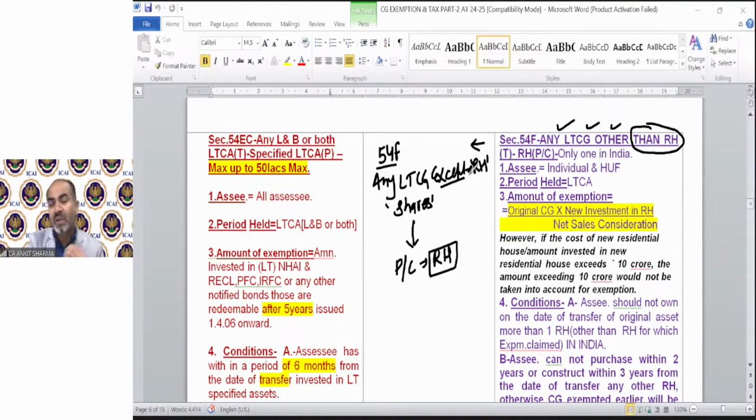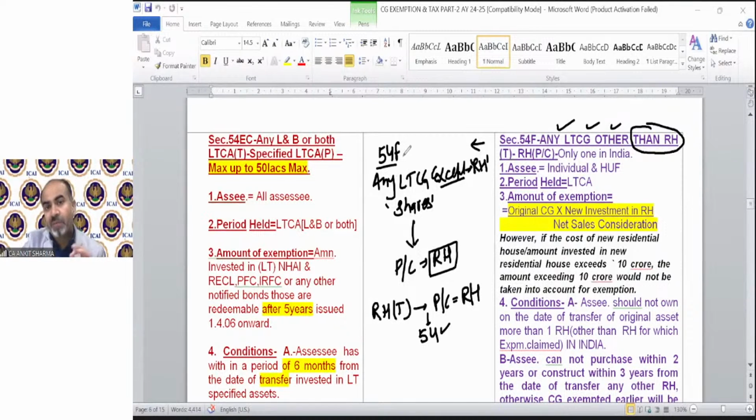If we transfer a residential house and purchase or construct another residential house, then we already have section 54. If residential house were also included for the purpose of transfer, then there would be two exemptions for the same purpose, section 54 and 54F.